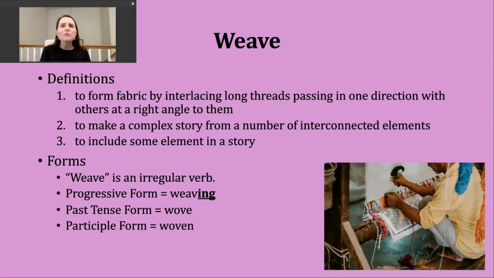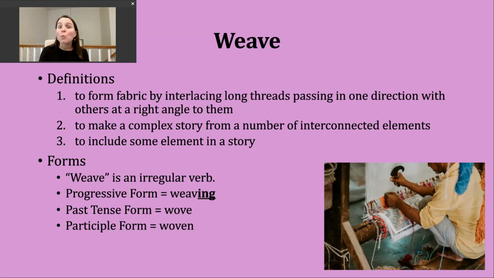A third and related way you might hear weave used is to mean to include some element into a particular story. So you might hear someone say that they're weaving humor into a particular story. It means they're including something funny, something humorous as part of that story.